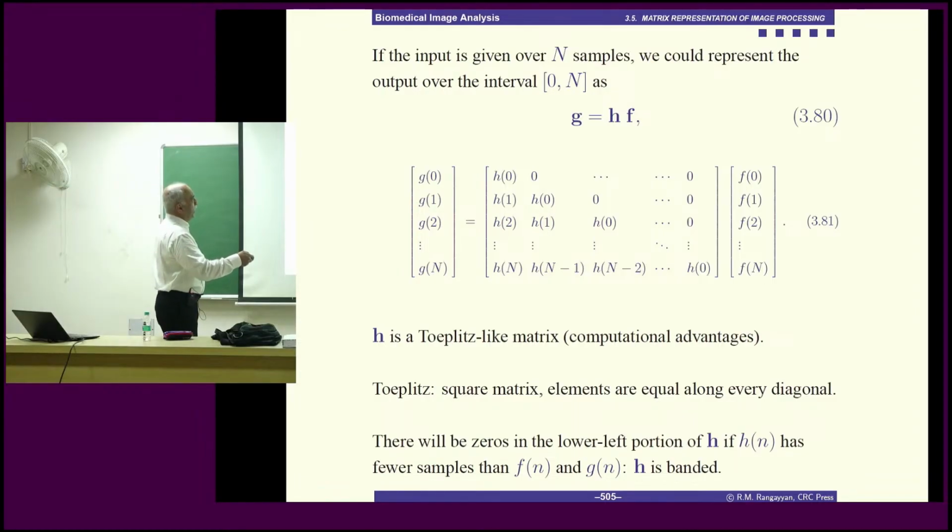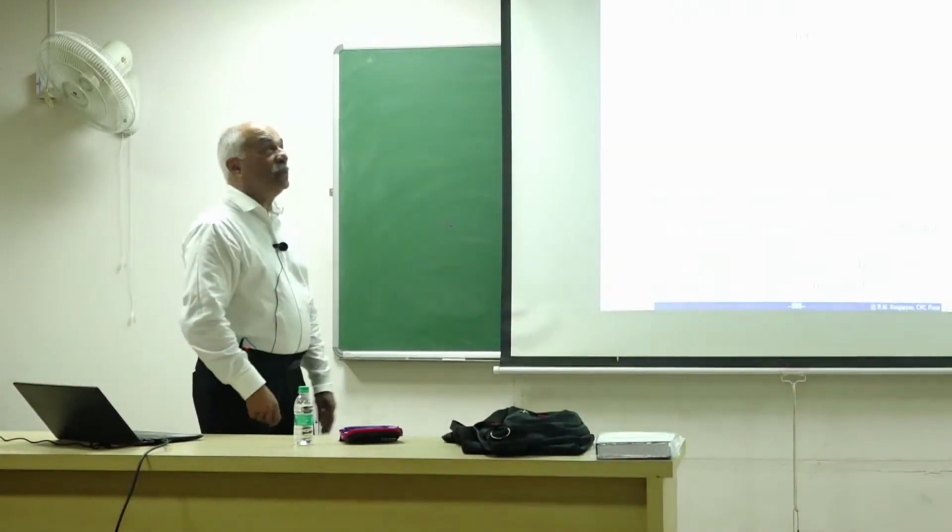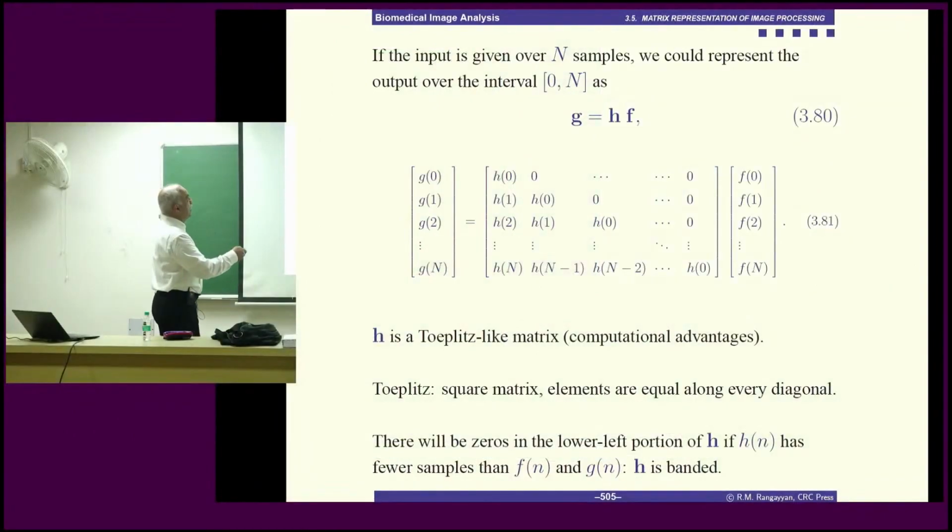In the matrix multiplication, you take this and put it on top of this row and multiply f0 times h0, and the rest are all 0. So g0 is h0 f0. So the matrix has only the first element of the impulse response. For the second one, you have h1 and h0, causality. And then 0, 1, 2, and so on. Then at the end, you have all the values.